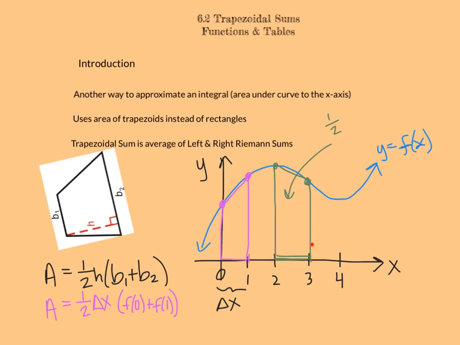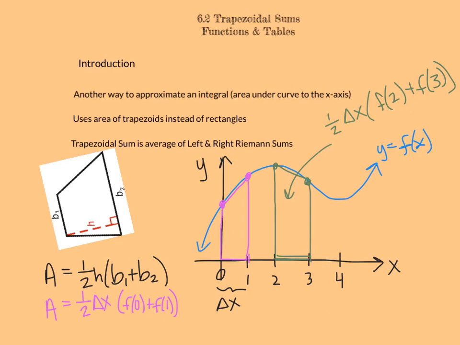But remember, the height of the trapezoid is the distance between the x values, so it's delta x, which in this case is just 1, times the sum of these two sides, which in this case is f of 2 and f of 3. So this is essentially what we're doing. We're using a trapezoid, and the height is delta x.